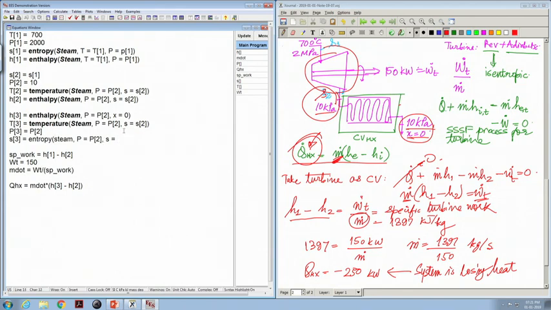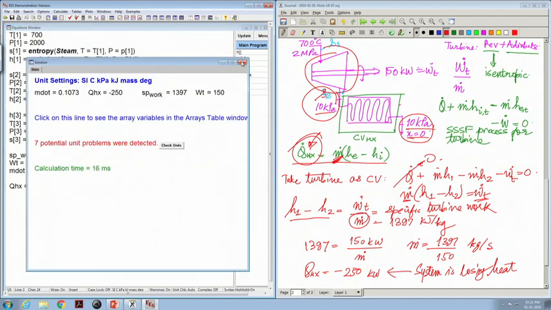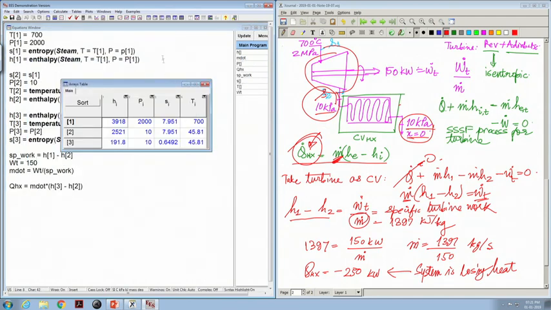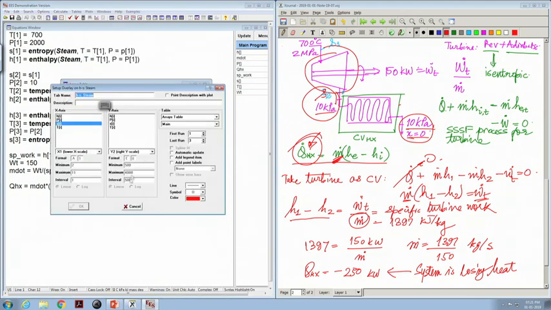Oops, this is incorrect because this should be x equal to 0. Okay, there we are. We go to plot, overlay plot.